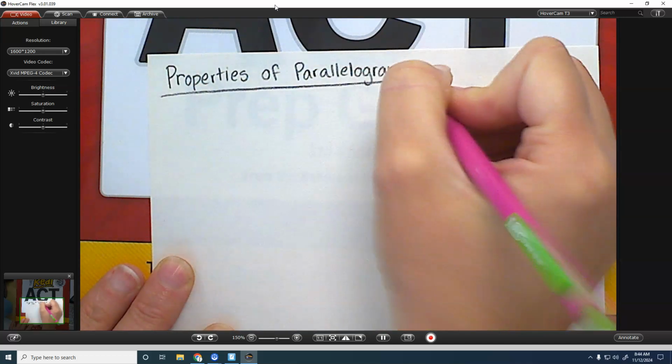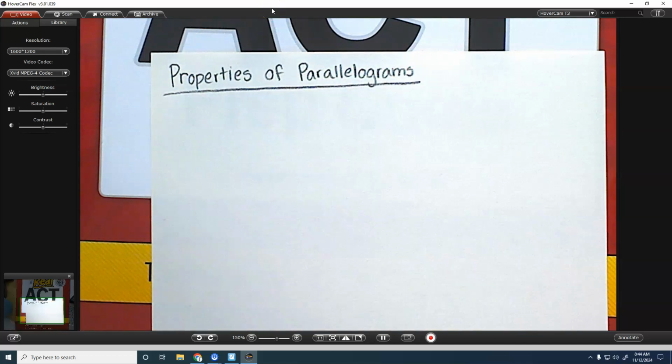And I'm going to draw a separate picture for each one instead of labeling it all together like we did in that one that we just did, so I think it might help.